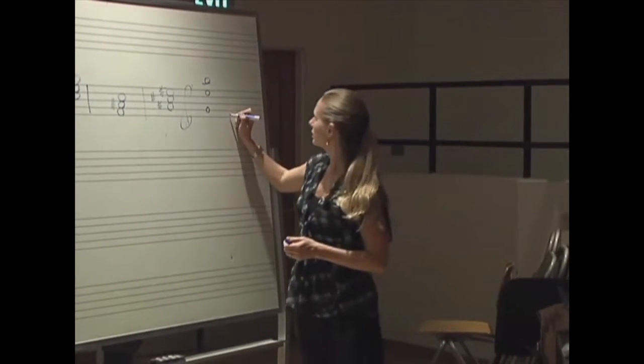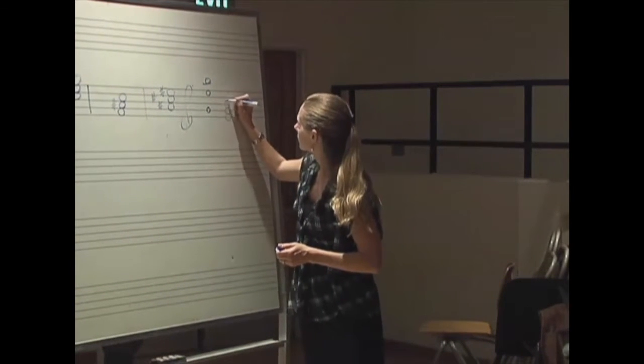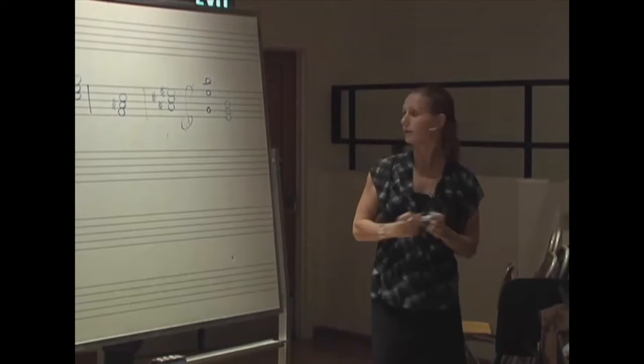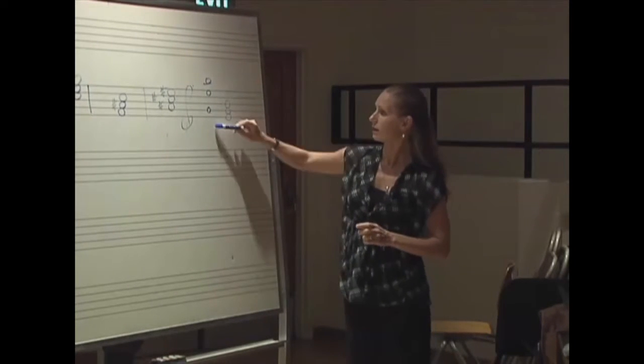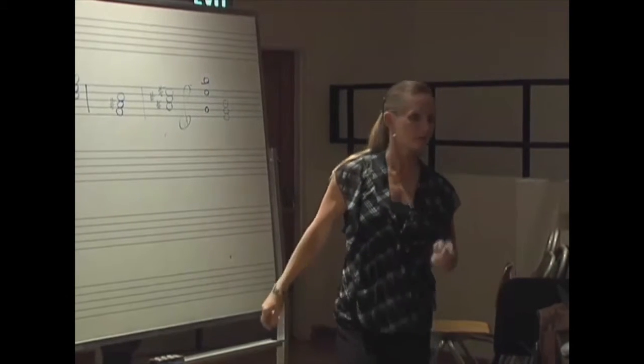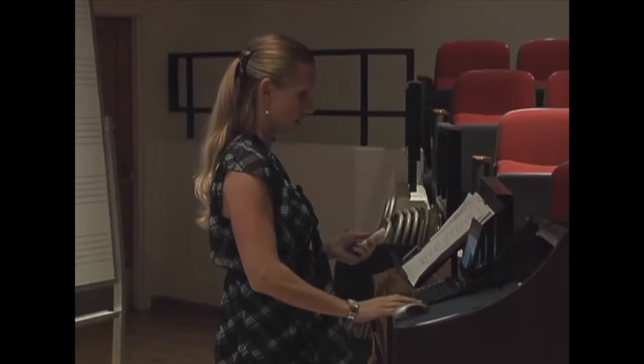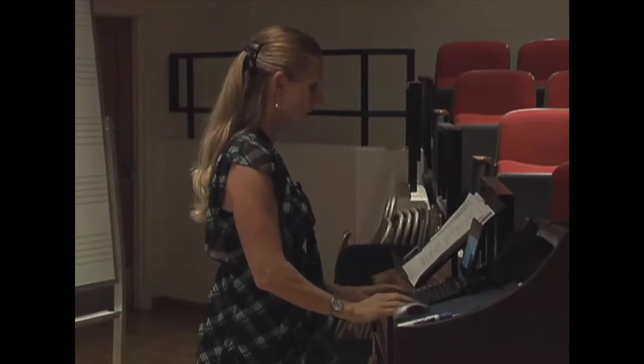So E, G, B could look like that, or it could look like that. It's still an E minor triad, but in this one, that's the bass. So that will help us when we look at inversions.